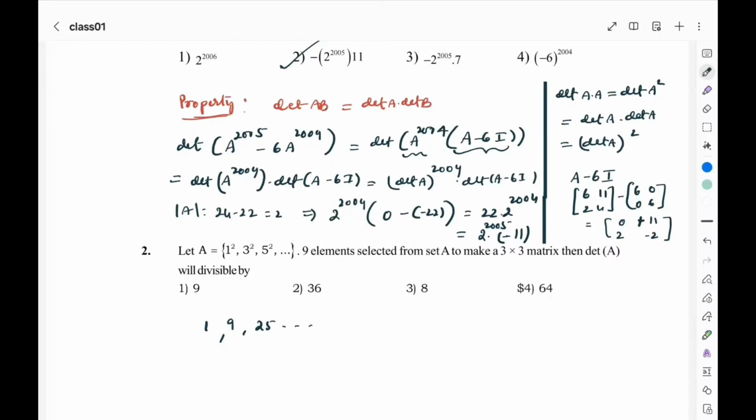These are all, if you divide this with 8, the remainder is 1. 8 times 3 is 24, remainder is 1. It is of the form 8n plus 1, where n starts from 0, and so on.